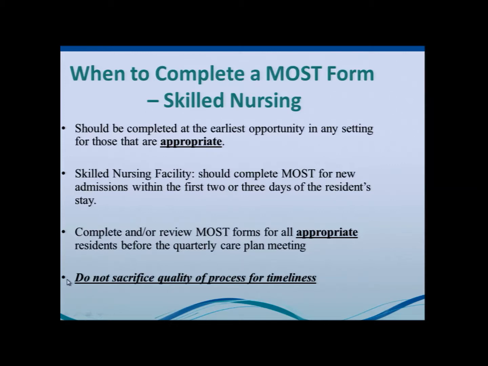And again, the ideal would be that we have time within the first 3 days, if somebody is appropriate, to get the conversation completed and the form completed. But we don't want to sacrifice the quality of the process for the timeliness.